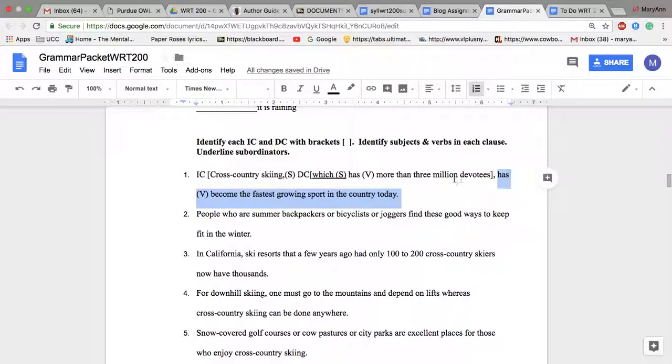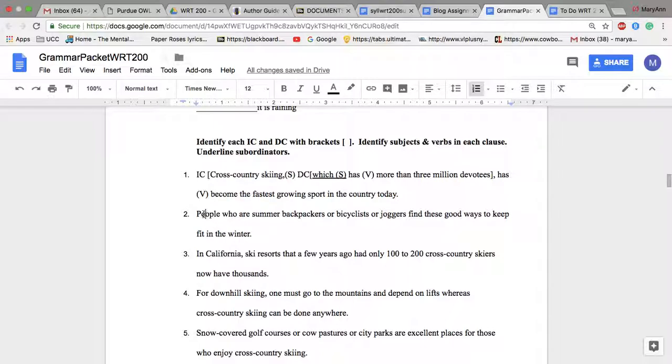That independent clause is interrupted by a dependent clause, which has more than 3 million devotees. So these who, that, which clauses can interrupt the subject and the verb of an IC. They don't always. Let's do the next one together.